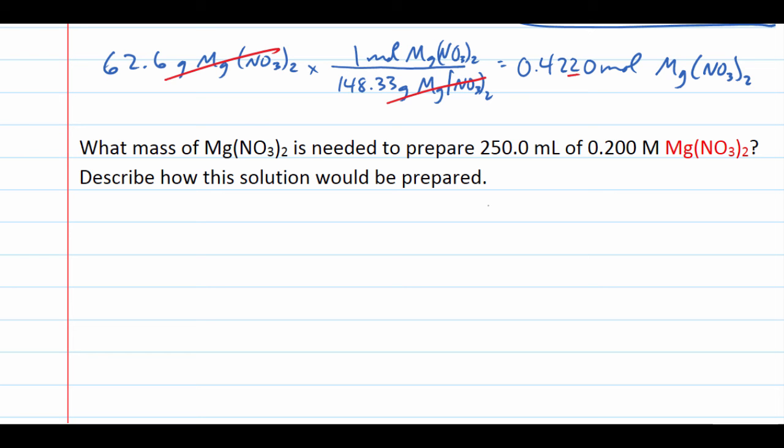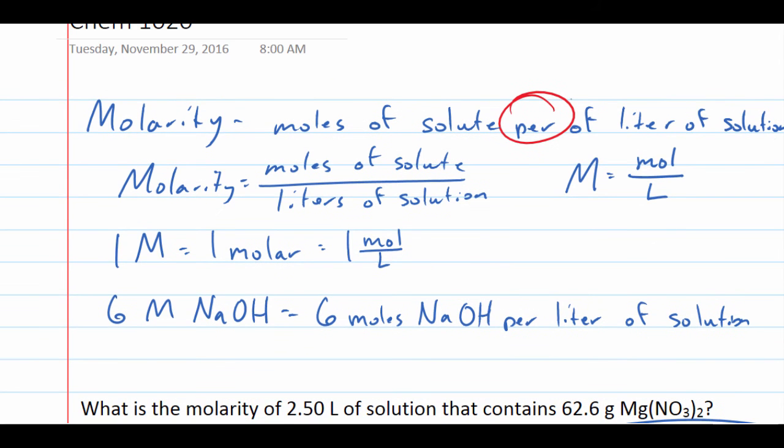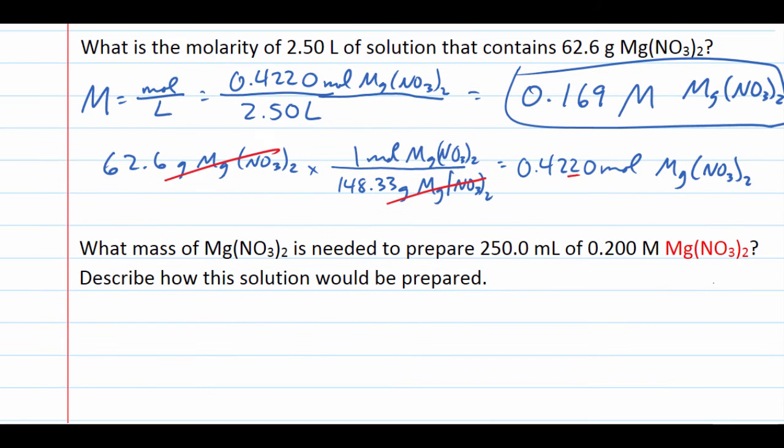Now in this one, a couple key things. First of all, we talked about how the word per means to divide. If we see two quantities separated by the word of, that means that we are not going to divide. We're going to multiply. So two quantities separated by the word of means we multiply them together.